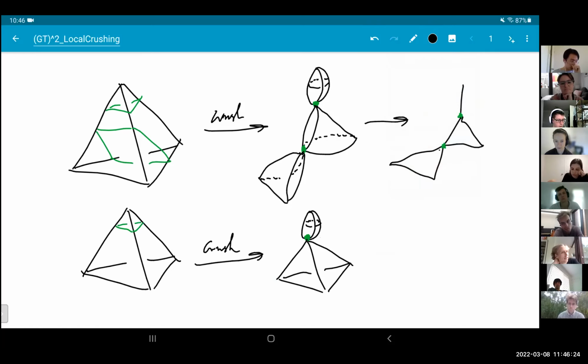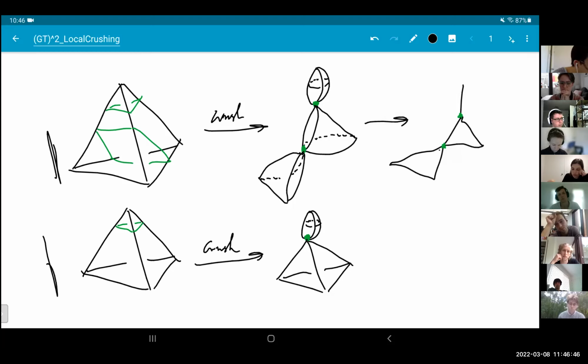So in the new triangulation, for every tetrahedron in the old triangulation, there's either a new tetrahedron in the new triangulation, or the old tetrahedron was destroyed. And that just depends on whether you had a quad or not. So this is why the number of tetrahedra strictly decreases.